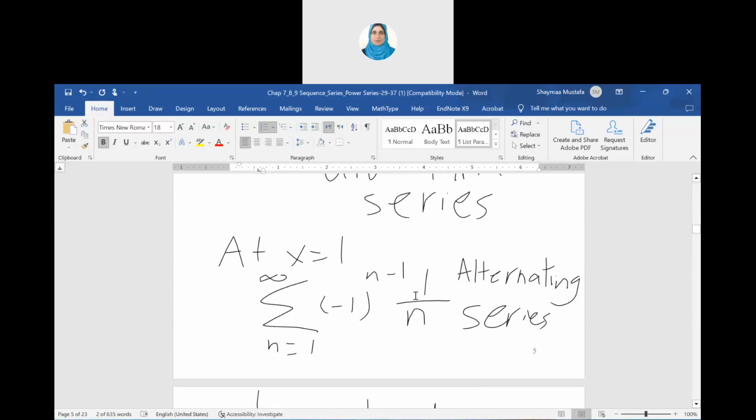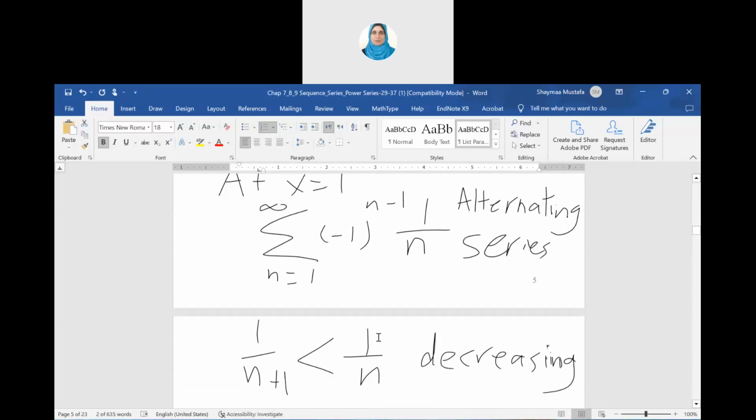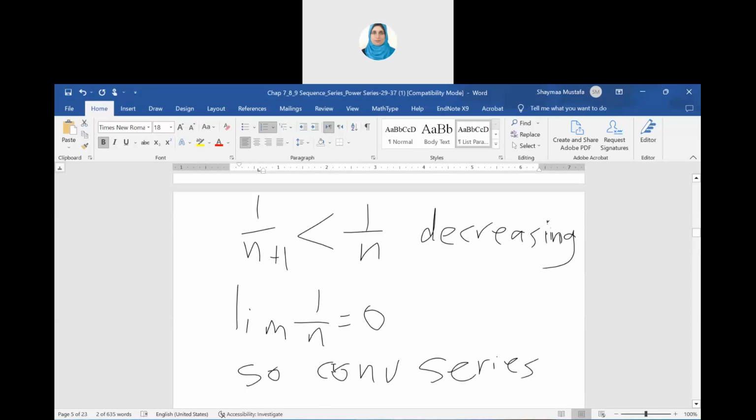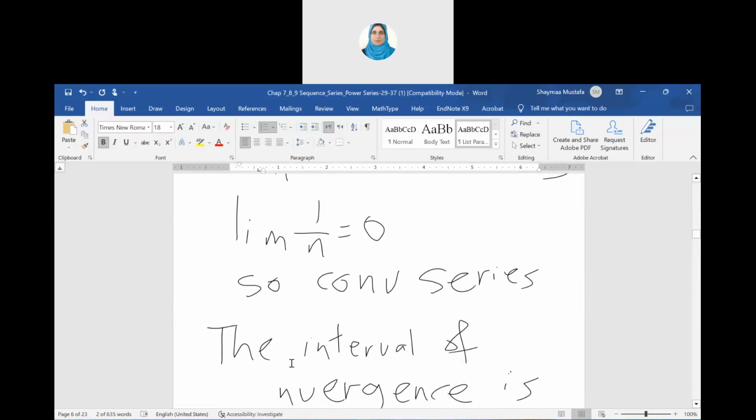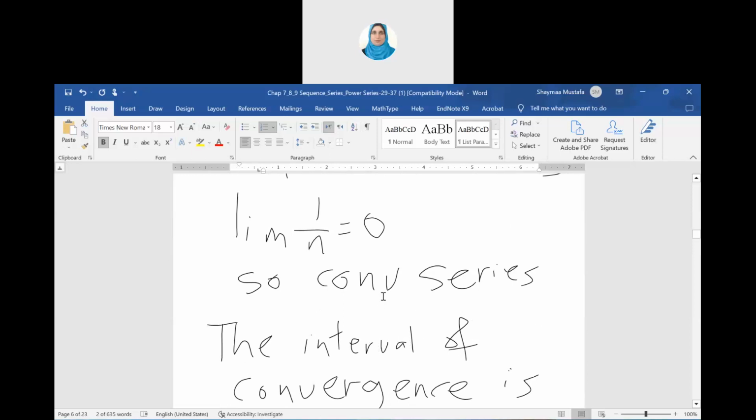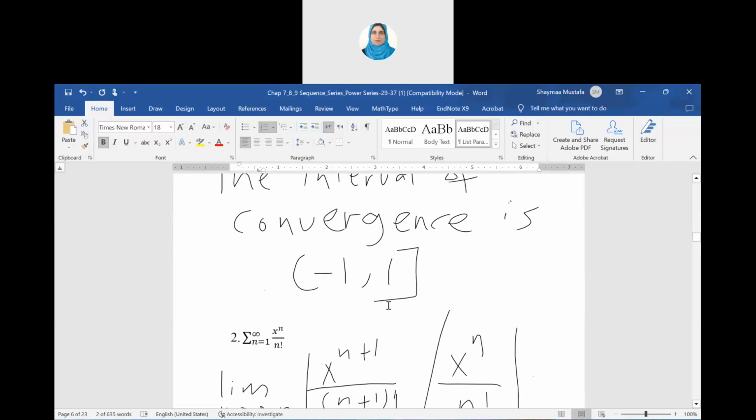This is an alternating series, so we have to apply the alternating series test: decreasing, limit equal to 0, so it converges. So 1 is included in the interval of convergence. Your interval of convergence is from -1 to 1, including the point 1, but not the point -1.